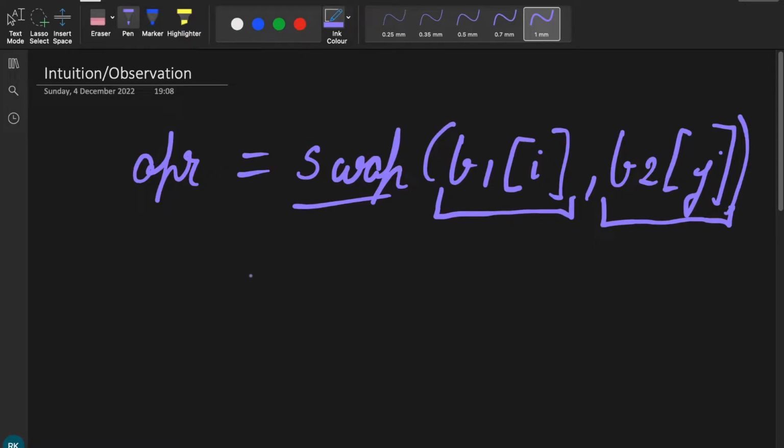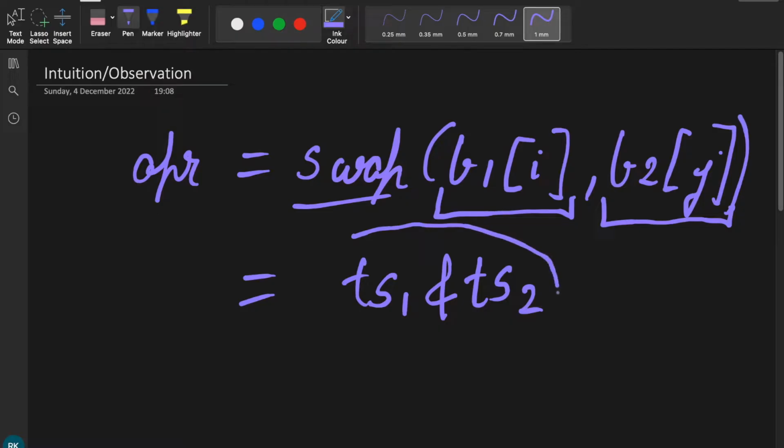So I can reframe this operation as, let's assume this is TS1, the transfer of one element from basket1 to basket2, and TS2, the transfer of one element from basket2 to basket1. Now when we combine both of these transfers, they make a whole operation.